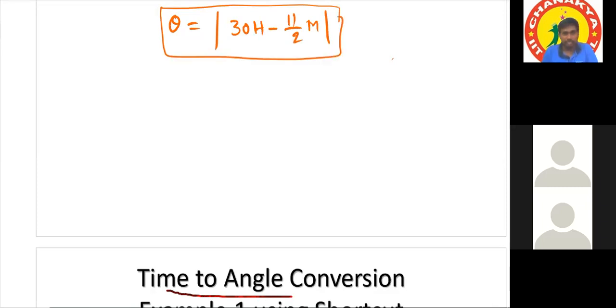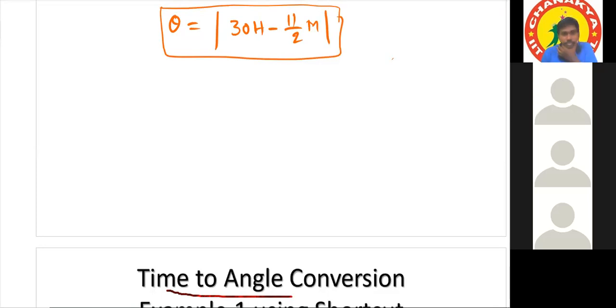Suppose you give any time of your choice. So 6:15, right? Now this 6 represents hours and 15 represents minutes. Hour hand is on number 6.